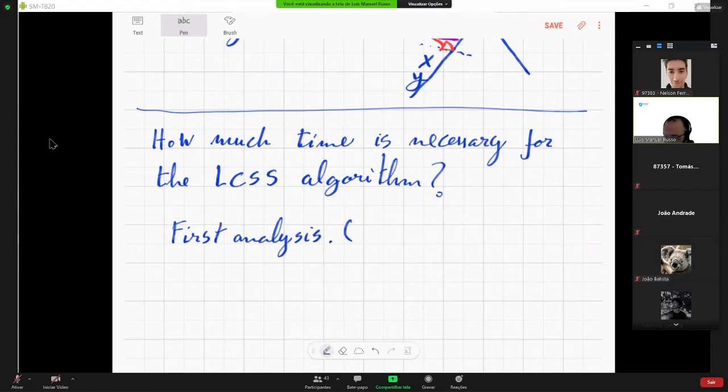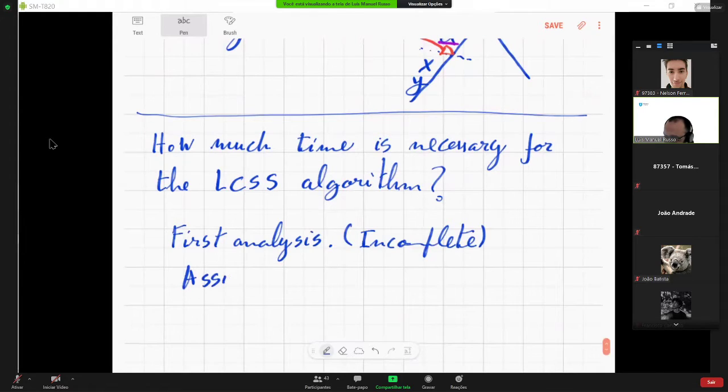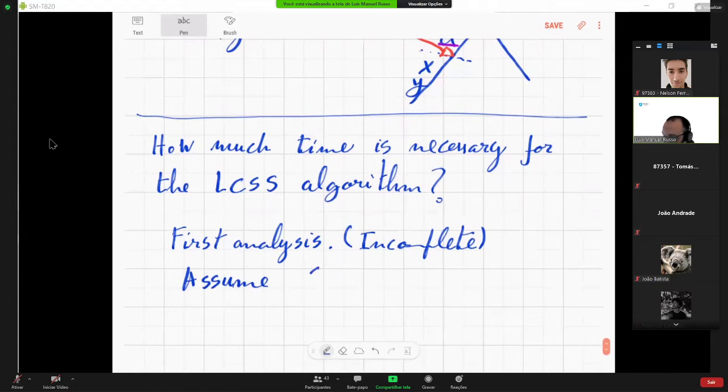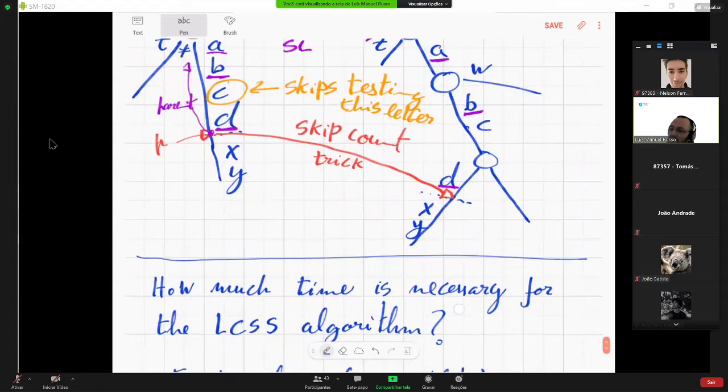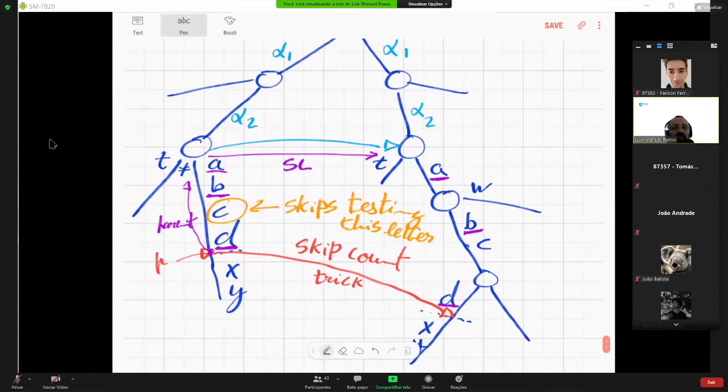So basically we assume a suffix jump takes 1 unit of time. We know this is not true, because the suffix jump is this complicated thing over here, which involves the skip count trick.